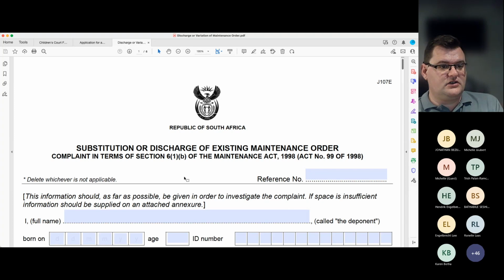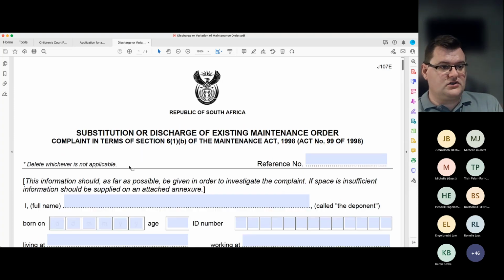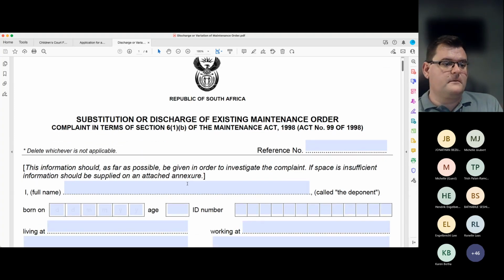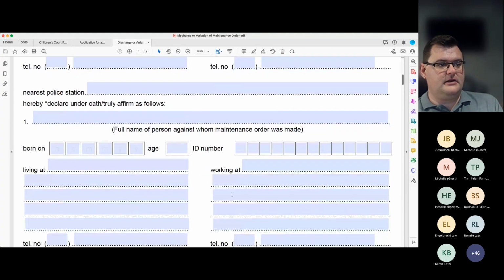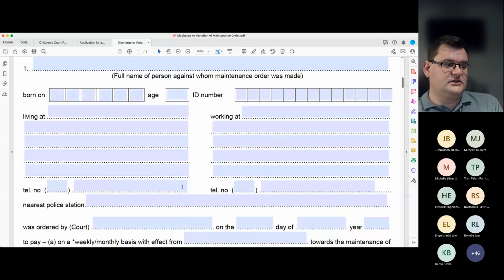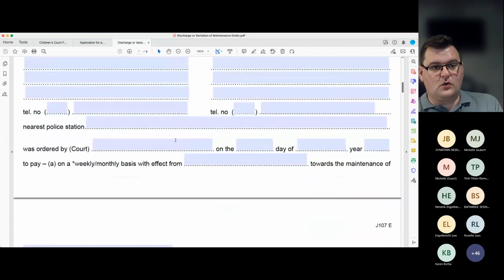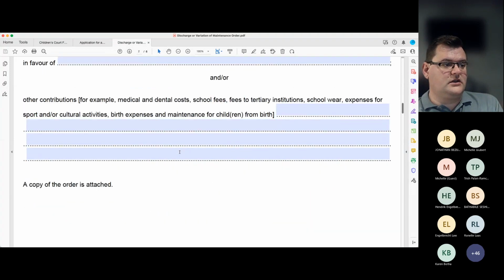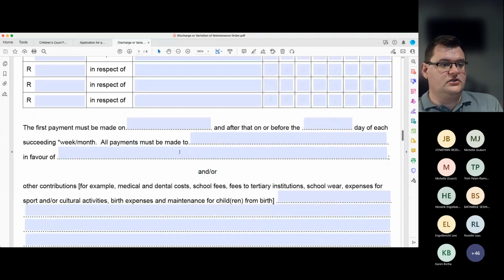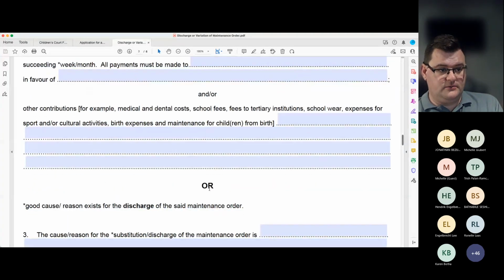Then, substitution or discharge of an existing maintenance order. You'd set out who is launching the application for discharge, who is the person against whom it was made, which court ordered it, and what was the order, and what you want the order to be amended to.